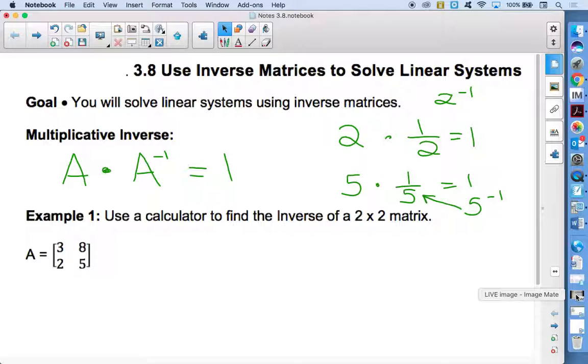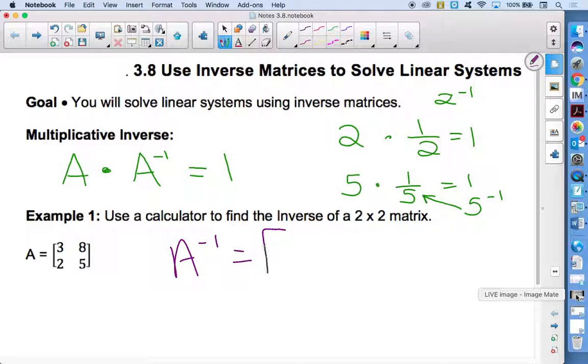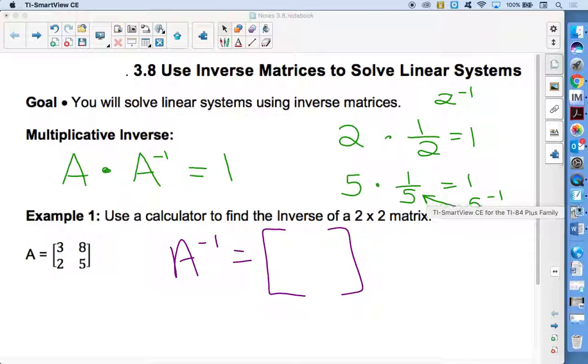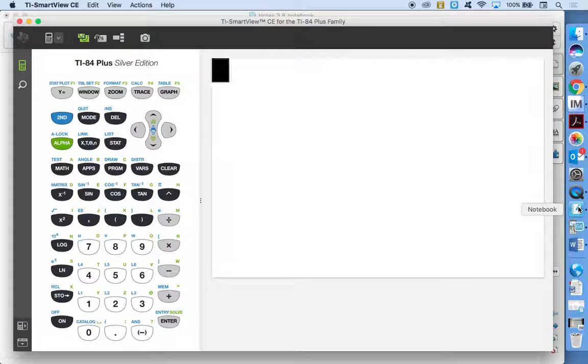So if you can take out your calculator, we are going to try and find the inverse of matrix A. So I would write A negative 1, and we're going to see if we can figure out what that is equal to. So the way to use your calculator, there is a matrix button on your calculator, and it's actually with the x negative 1.